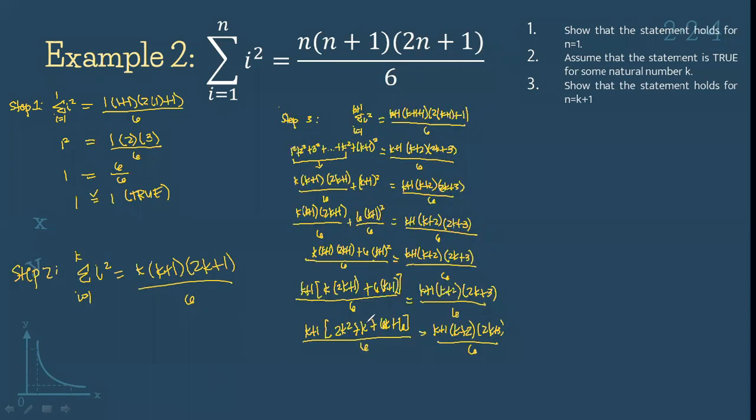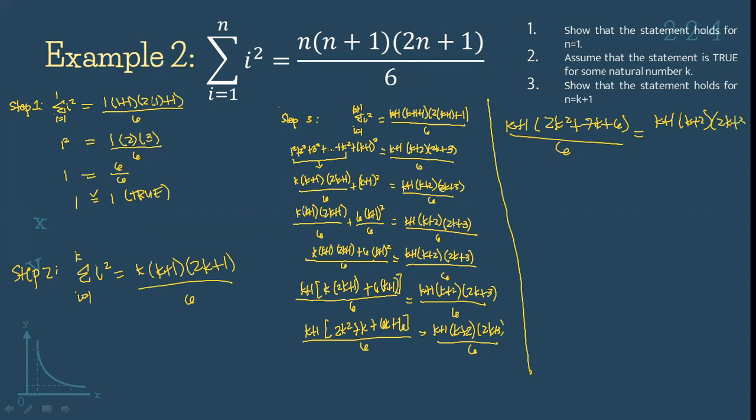Now, we can simplify this as 2k squared. Let's put a line so it won't be confusing. And this, we can simplify as 7k. So we have here k plus 1 times 2k squared plus 7k plus 6 all over 6, which is also equal to k plus 1 times k plus 2 times 2k plus 3 all over 6.